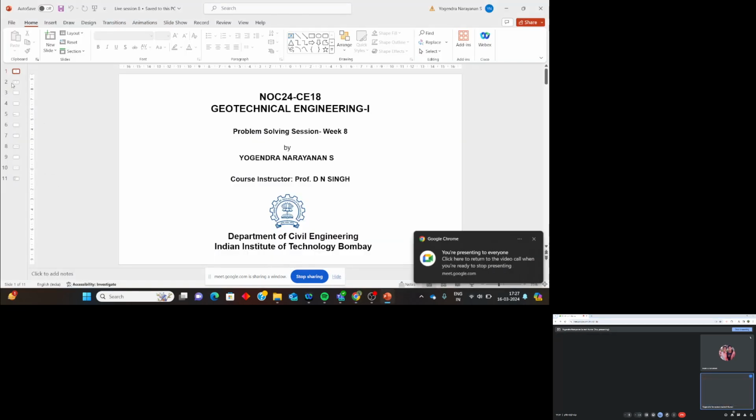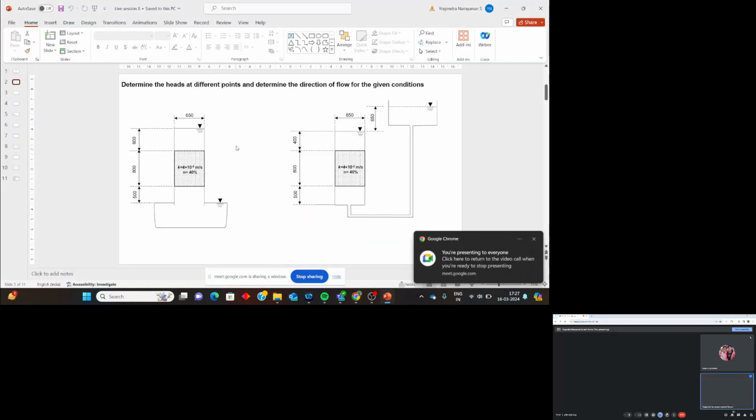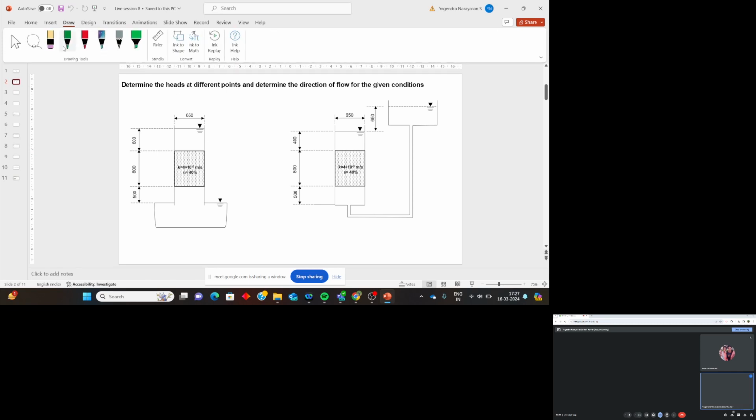So this is the problem. These are the two conditions. Determine the heads at different points and determine the direction of flow for the given conditions.